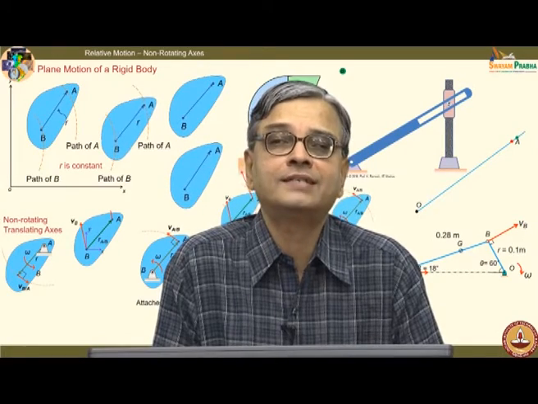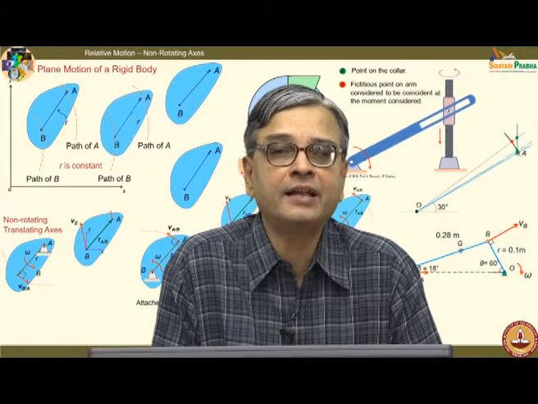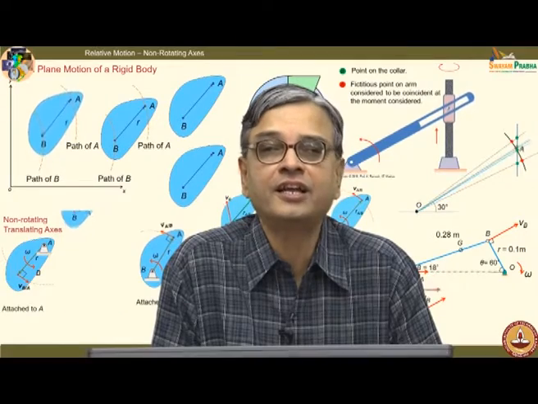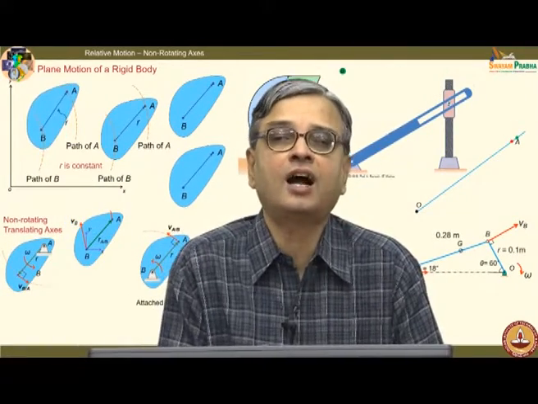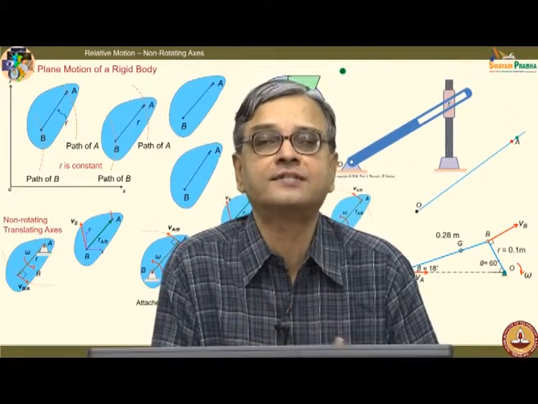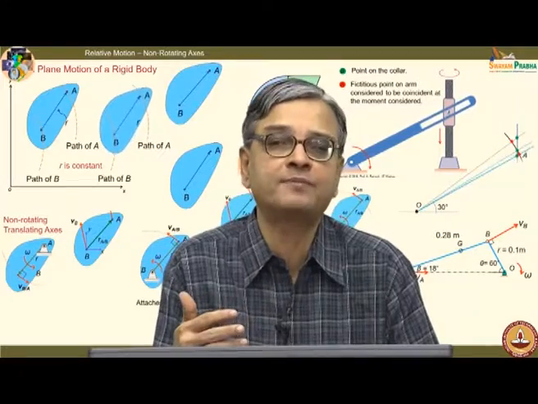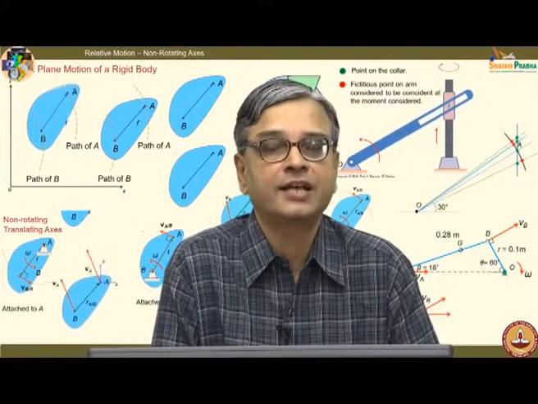Even though the motion is a little more complicated, we have been able to bring in the circular motion equations intelligently to handle a problem like this. And once you have learned how to do relative motion analysis, you can solve a wide variety of problems which was not possible with only absolute motion. Thank you.